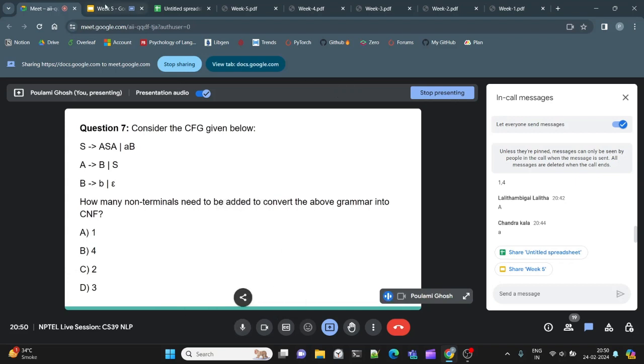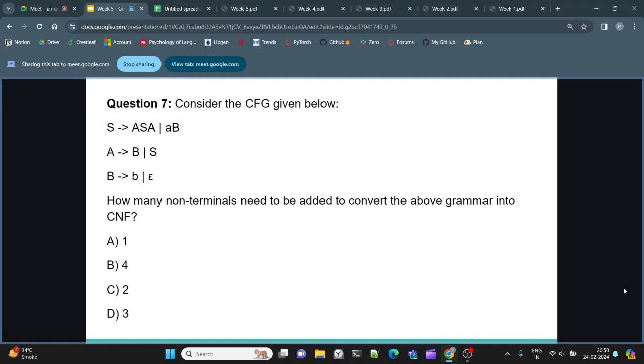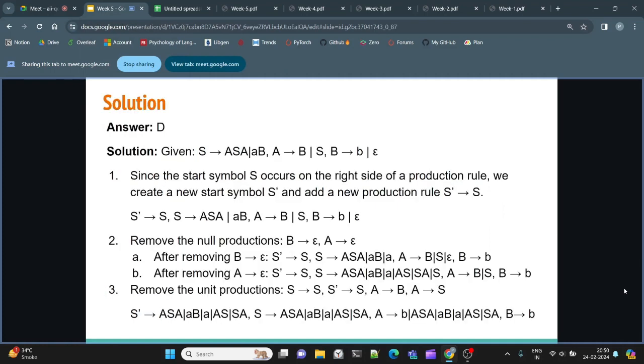Okay, I think we can discuss this problem. So we follow the same steps. So it would be a bit of a repetition, but still it's a different problem. So let's go through it.